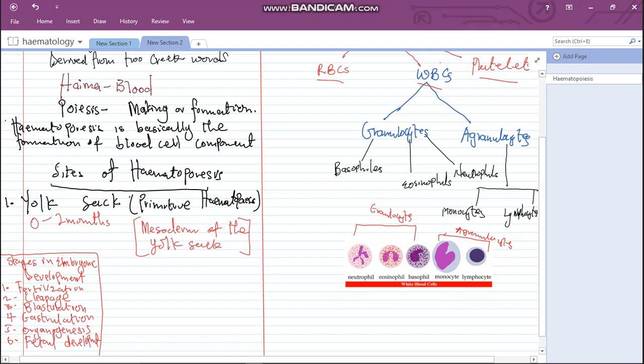So in embryonic development, there are basically 6 main stages: the fertilization stage, the cleavage stage, the blastulation stage, the gastrulation stage, the organogenesis, and the fetal development. So in relation to primitive hematopoiesis, we will focus on the fourth stage of embryogenesis, which is the gastrulation stage.